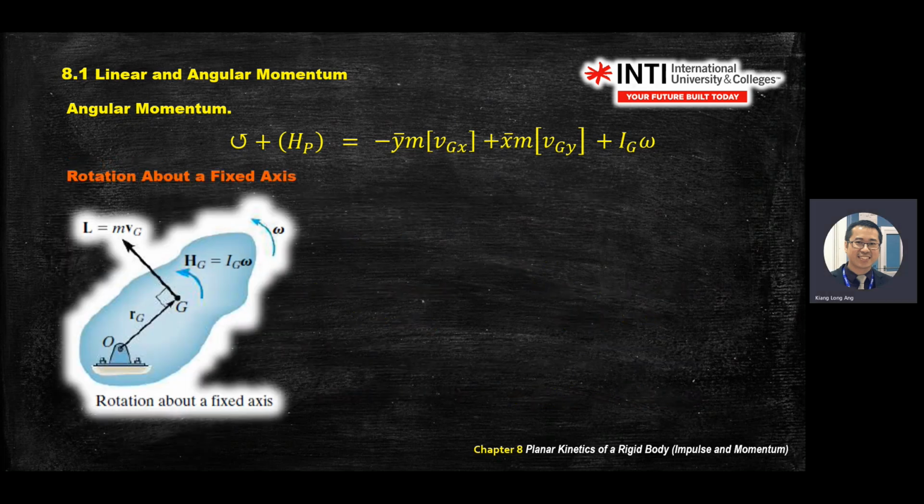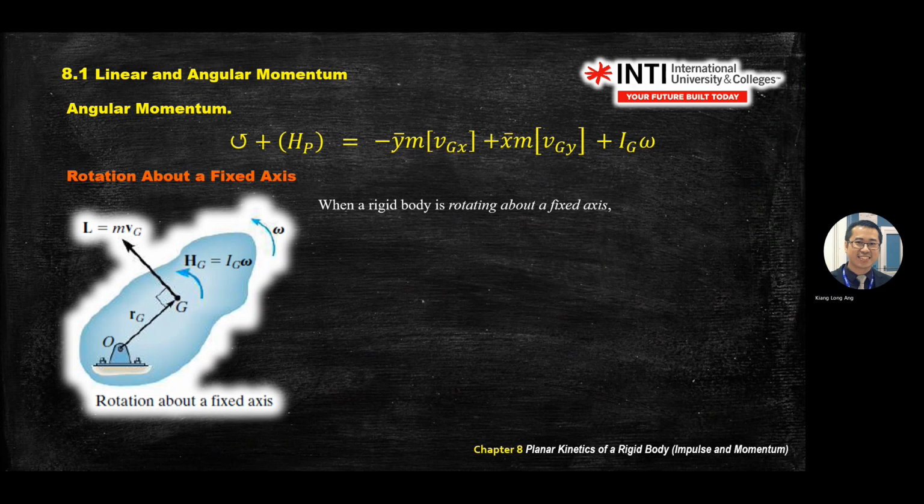Straight away, I show you, if you have rotation, for example this case, the object will rotate at a fixed point. So still you have a linear momentum, which is mv from here. And when things rotate at a fixed point, this one moves in curvilinear motion, right? Curvilinear motion, you have normal and tangent direction. But velocity, you only have one. Velocity, you only have the tangent direction. Only acceleration, you have two components. Acceleration, you have tangent and normal direction.